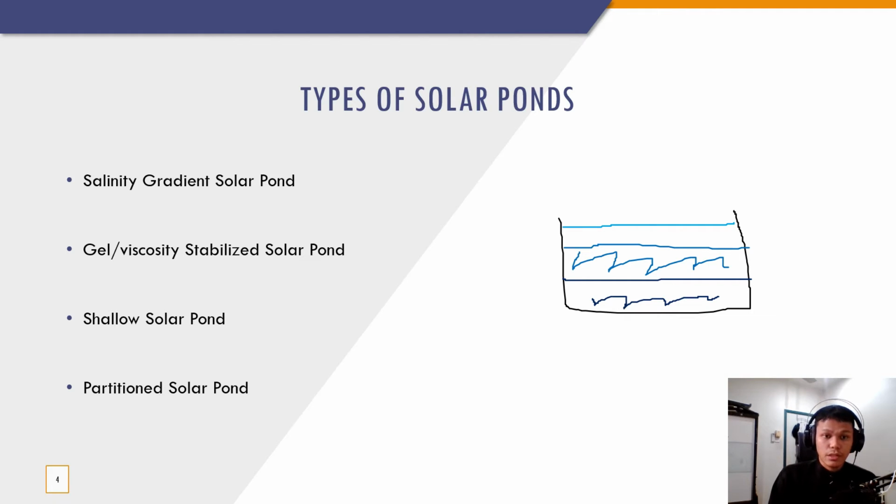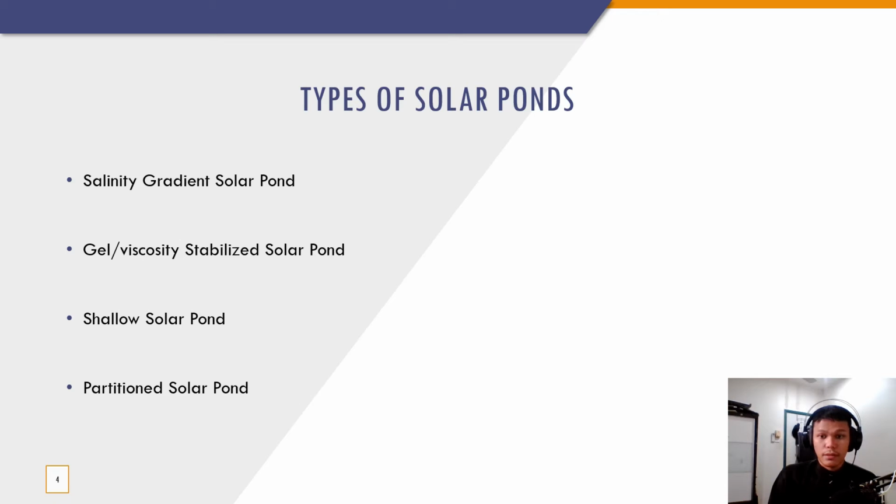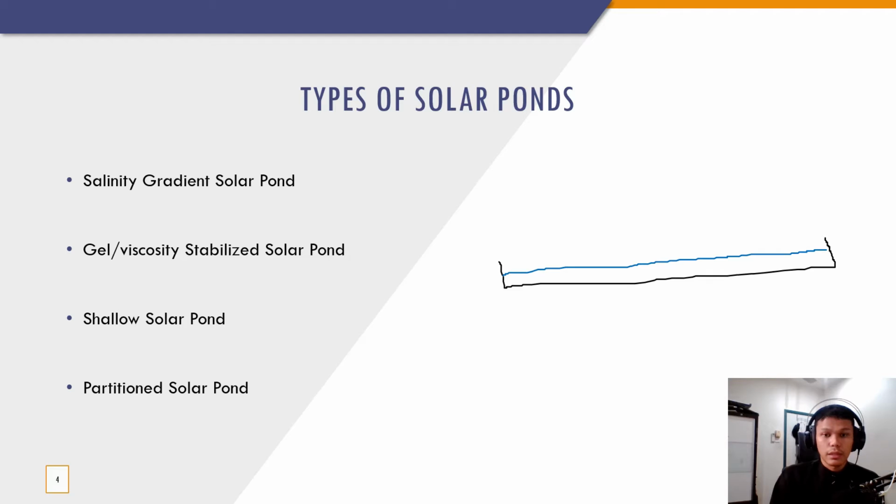The third one is shallow solar pond. As the name suggests, the pond uses a very shallow depth, and the water in the pond will be enclosed inside a film of plastic to prevent heat loss through evaporation.